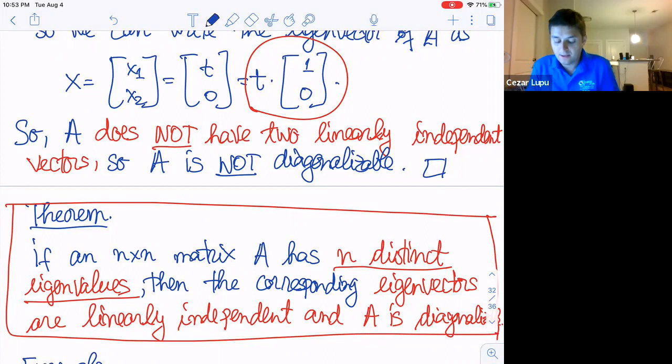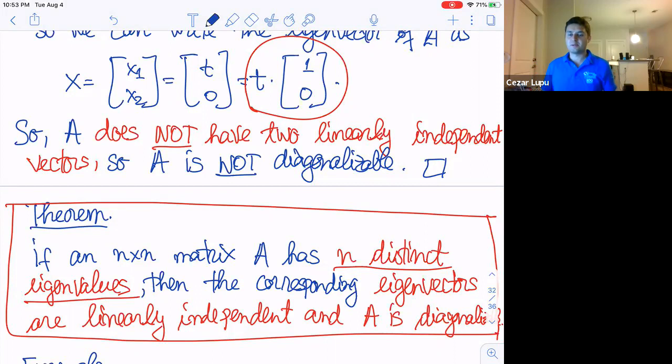In other words, I have an n by n matrix, and I know that it has n distinct eigenvalues, then clearly their corresponding eigenvectors are linearly independent and clearly A is diagonalizable.